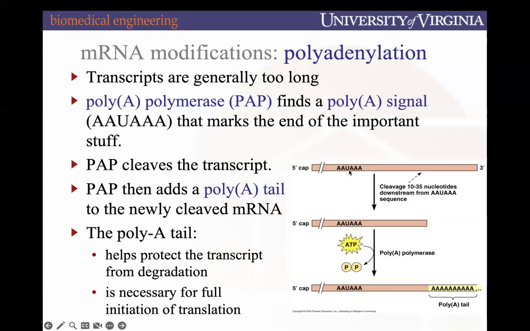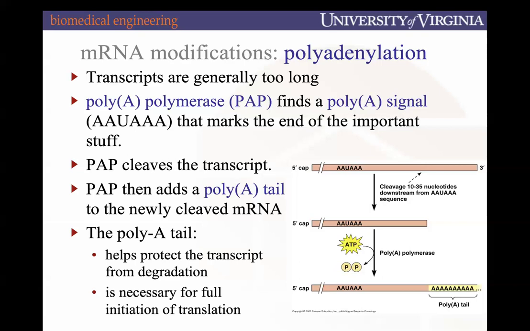That will serve as a signal for PAP to mediate its function. The first thing it's going to do is cleave the transcript about 10 to 30 nucleotides away from that consensus sequence. And once it clips it there, PAP is going to add a poly-A tail, or lots of adenosines, to the end.